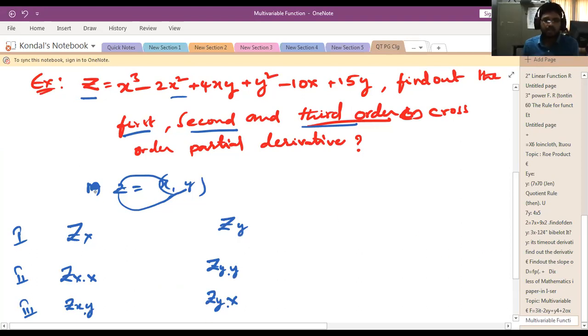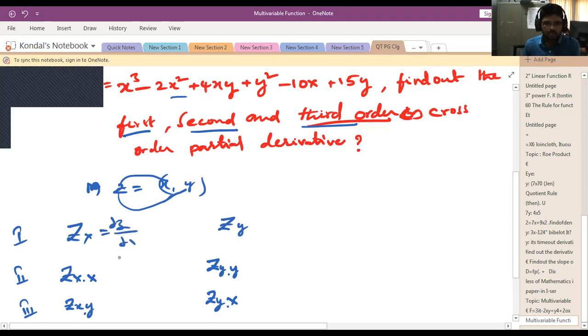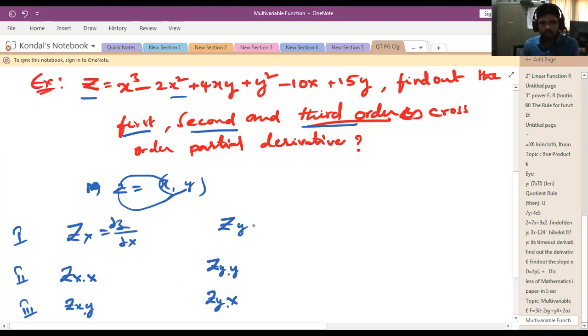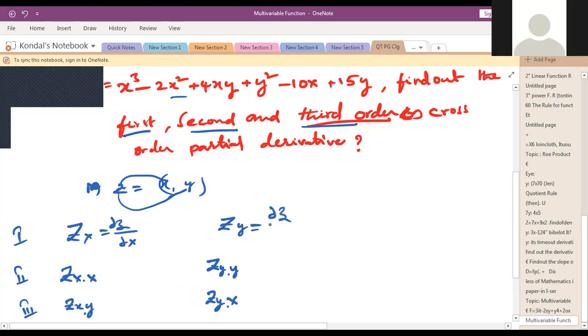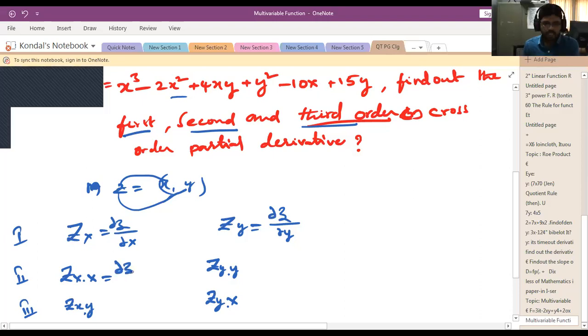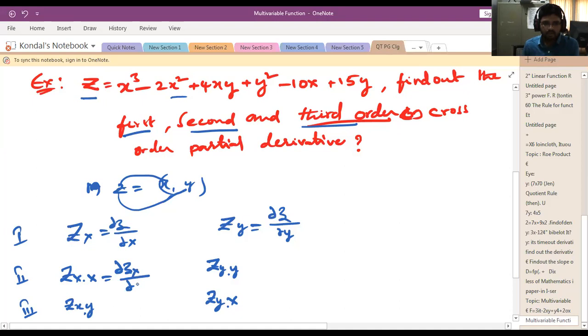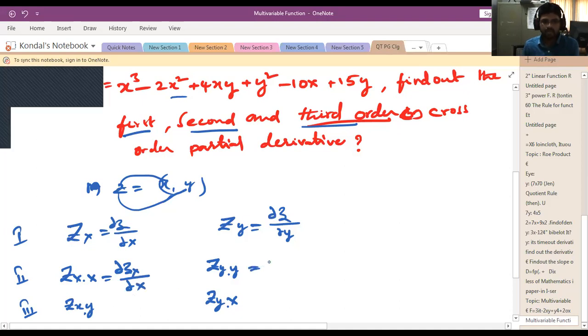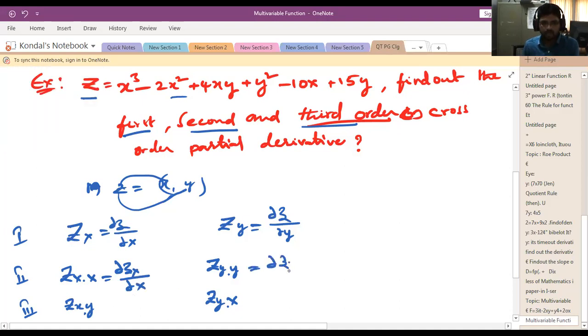Here zx is nothing but dou z by dou x. zy is dou z by dou y. zxx is dou zx by dou x. Here dou zy by dou x.